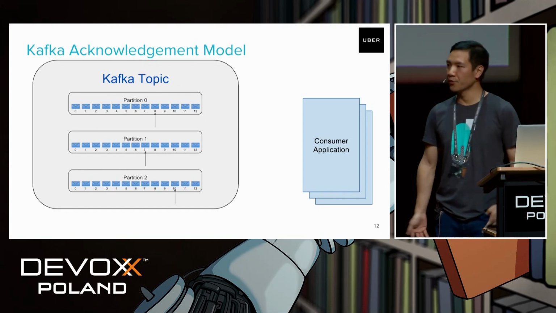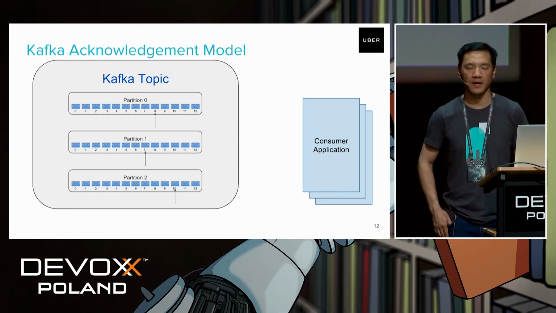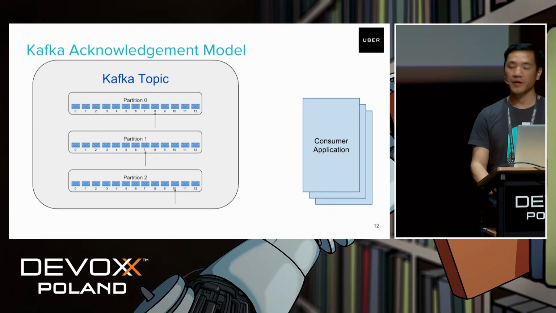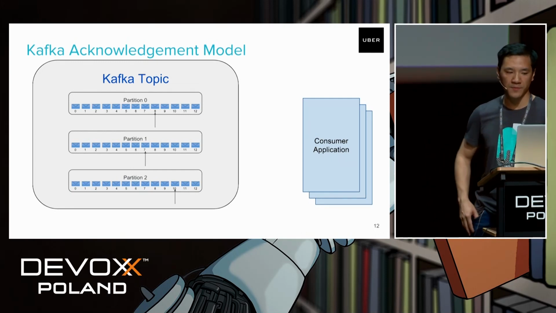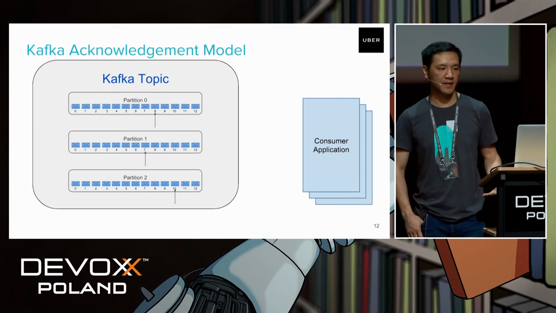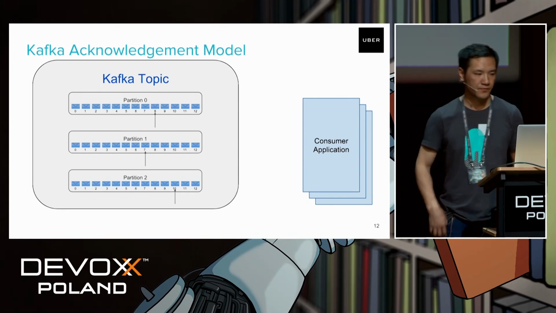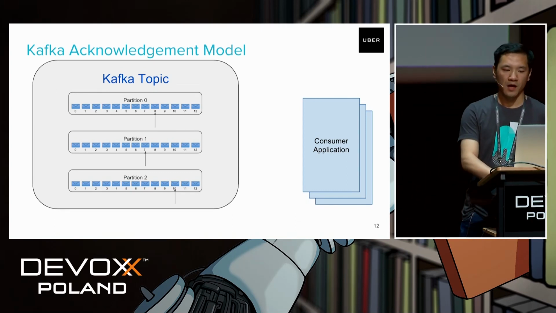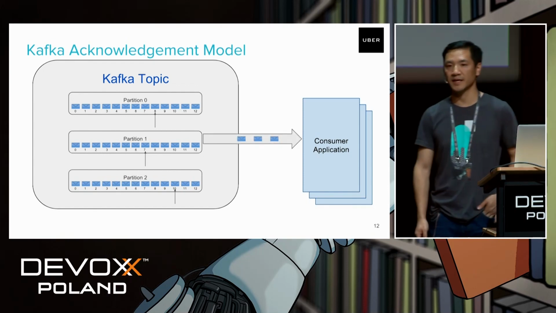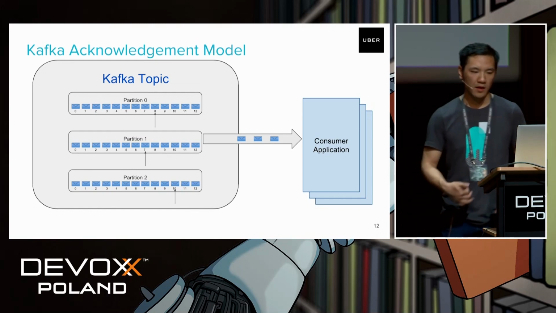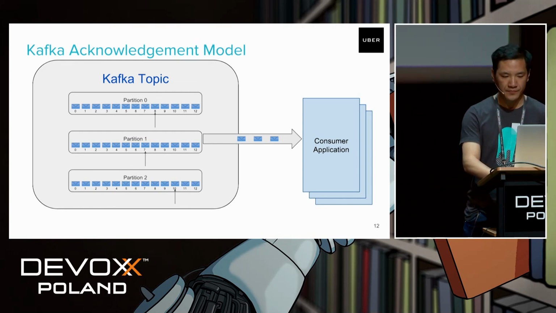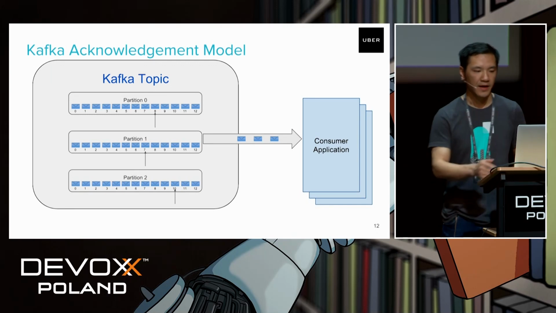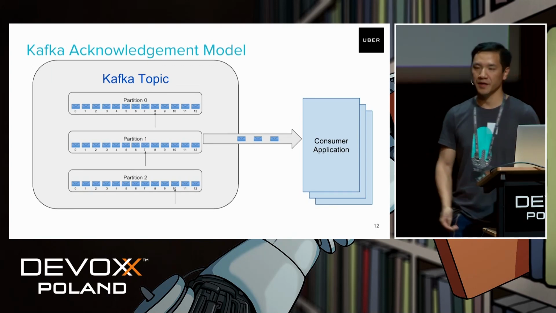So let's look at what acknowledgment model Kafka provides. In a typical Kafka topic, it usually contains multiple partitions. From the consumer's point of view, a partition is usually assigned to one worker exclusively, and the messages are delivered in order.